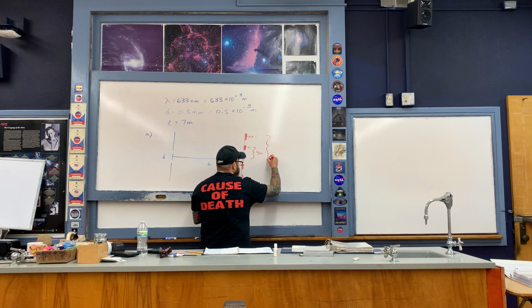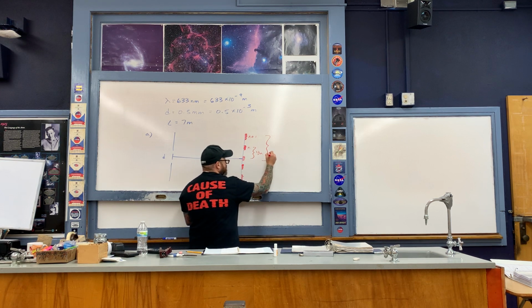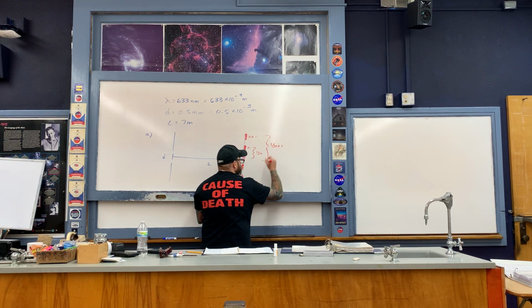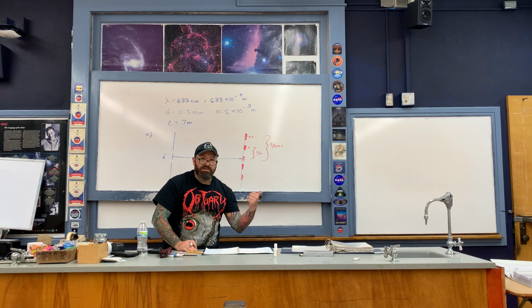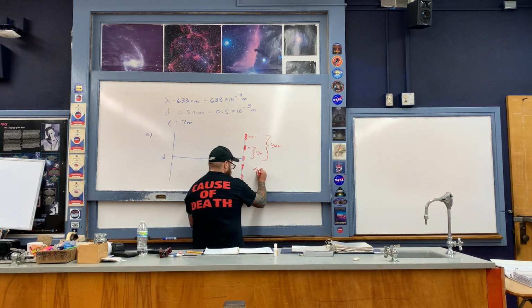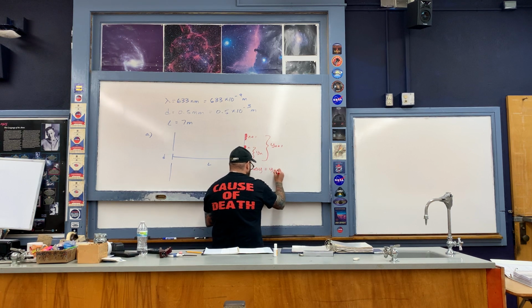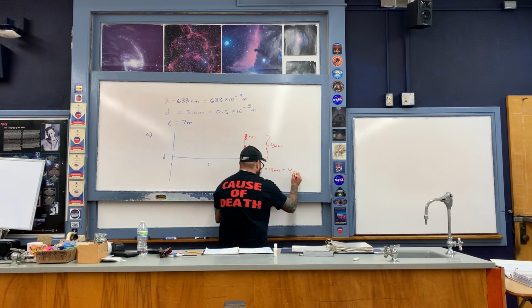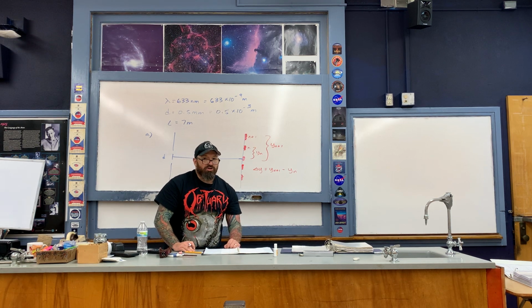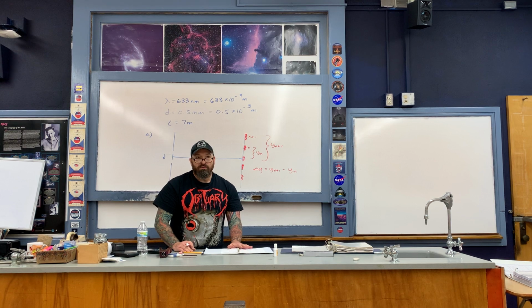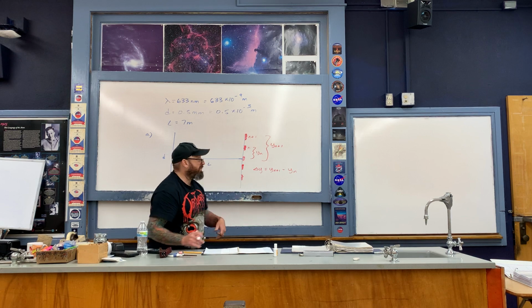And this distance from the central maximum, we're going to write as y sub n plus 1. What we're asked to find in part A of the problem is the difference between the two. This is usually referred to as delta y, like so. So using the bright fringe equation, what I have to do is take each of the expressions that I'm about to write down, write them in terms of y, and then just subtract them from each other. So here's the process of doing that.